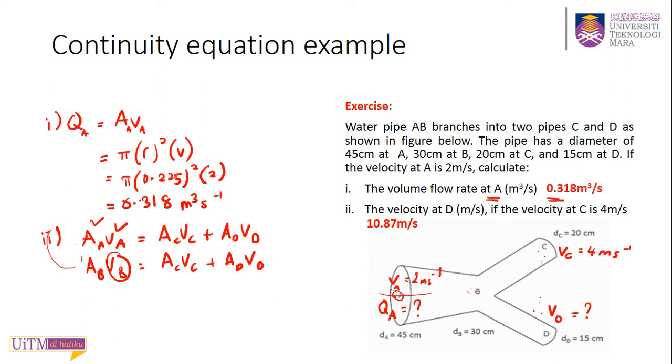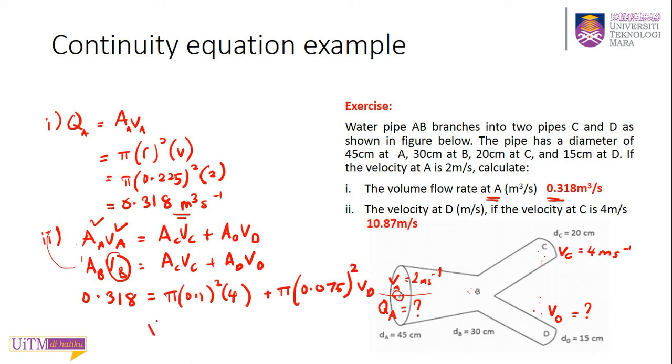So the A_A V_A you already found here, 0.38318. So this is equal to pi times the area for C, 0.1 squared times 4, plus the area at D, pi times 0.075 squared times VD, the one that you want to find.